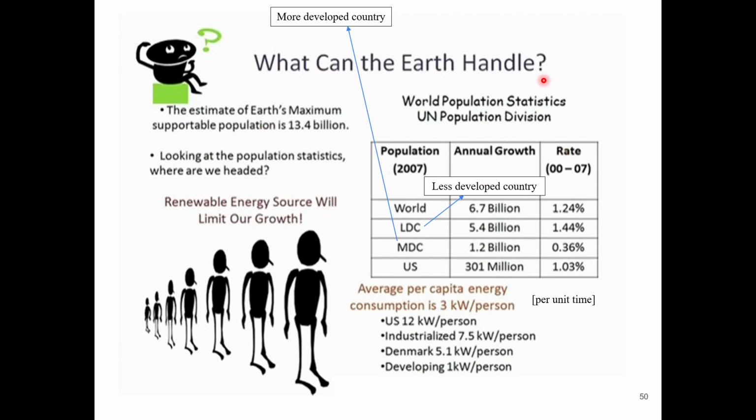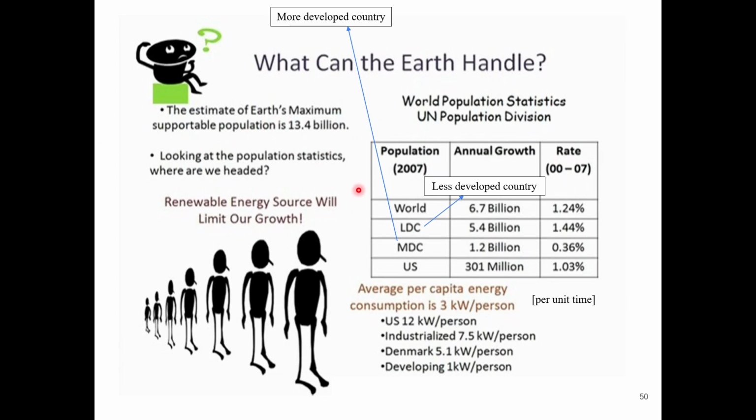What can the earth handle? As per some estimates, the earth's maximum supportable population is about 13.4 billion, and I think we have already crossed 8.5 billion, right? So we are almost near to that maximum.